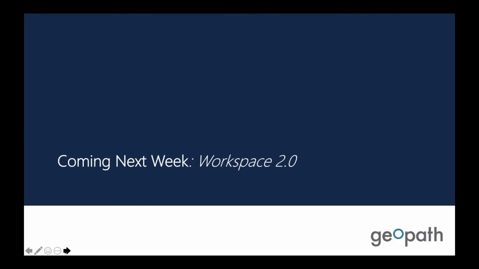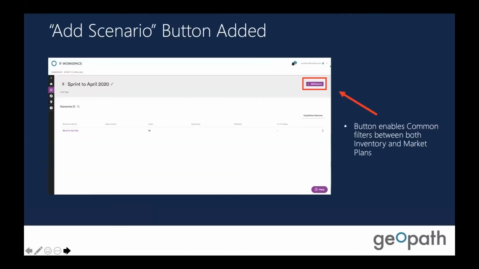There are some big changes, some really nice user interface and usability improvements that you'll be seeing very soon. Basically, it is about consolidating the workflow into one smooth workflow that cuts across both the market plan as well as the inventory planning.